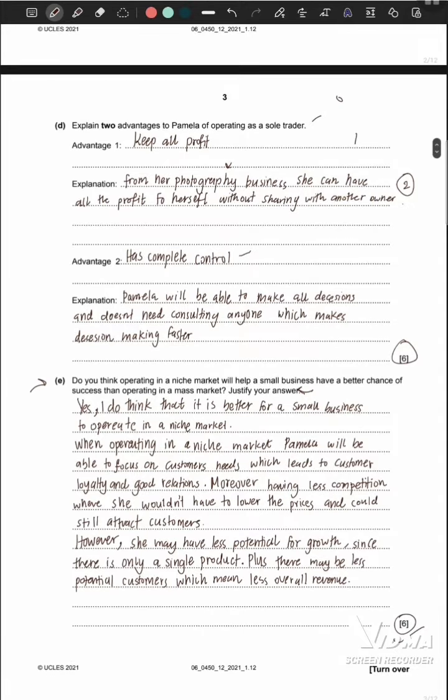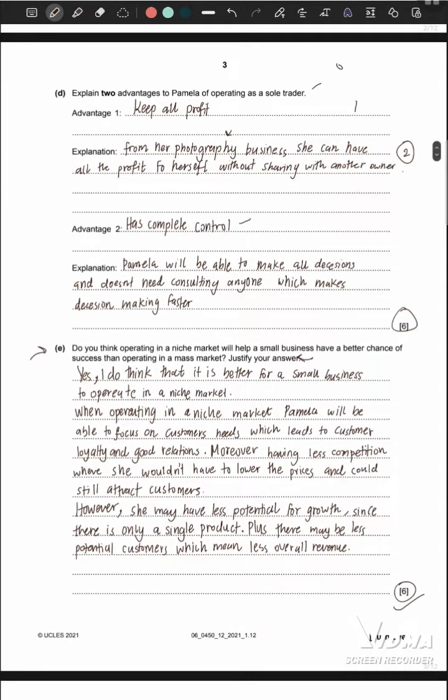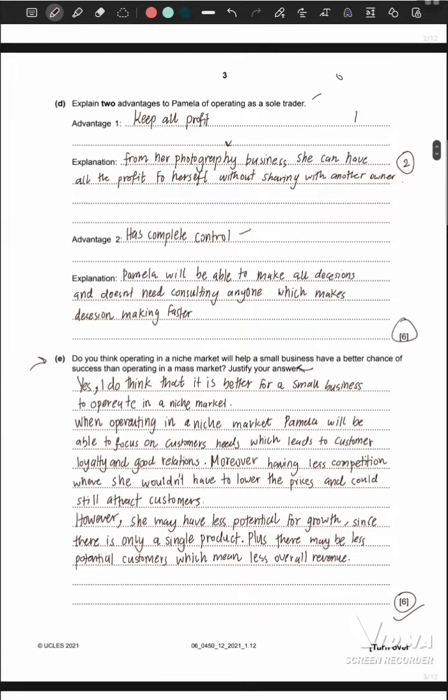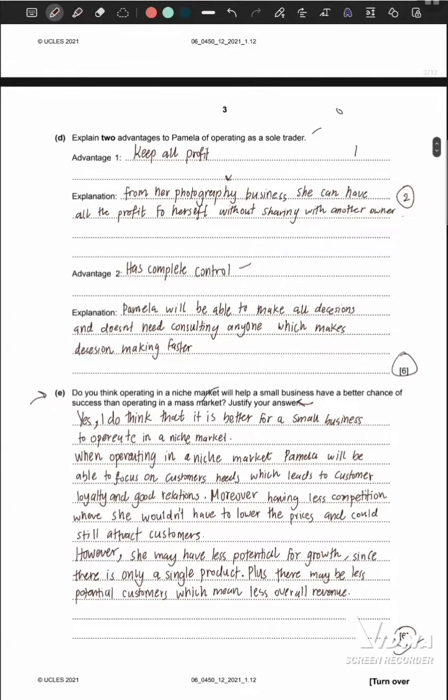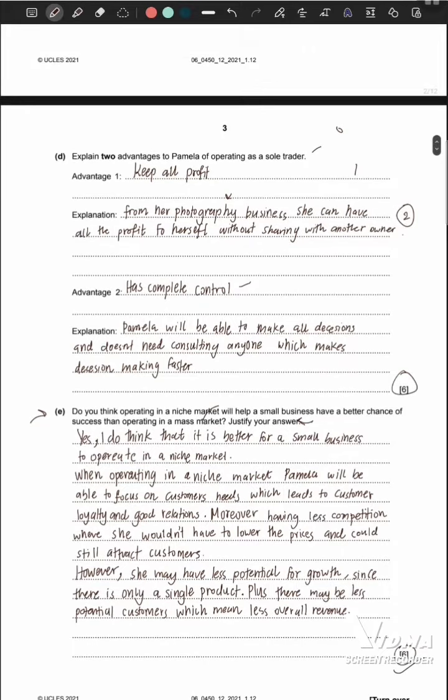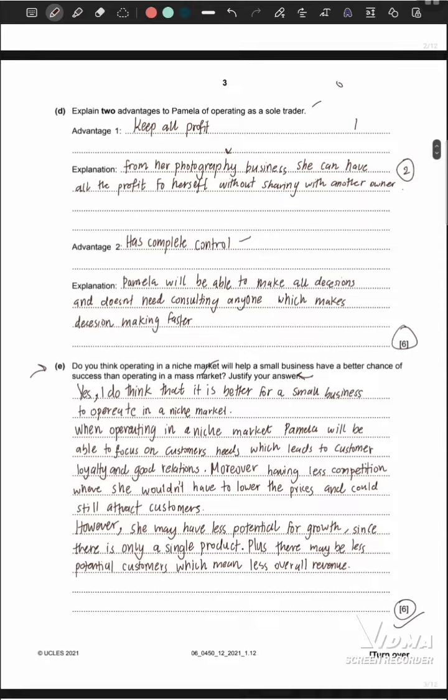So Pamela will be able to target the right customers when joining a niche market. Unlike when you go for a mass market, where you'll have a wide variety and sometimes it's harder to get started in the business. You'll obviously have a lot of customers in a mass market, but you wouldn't be able to target them as easily because there are many other competitors.